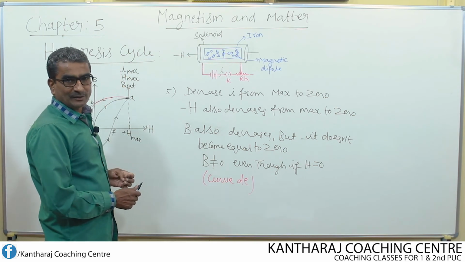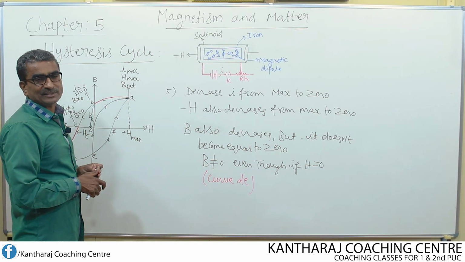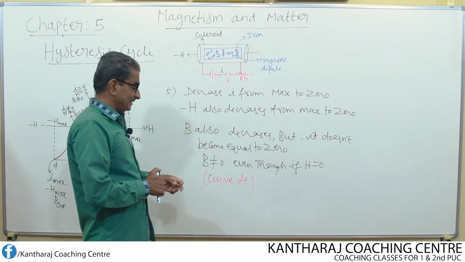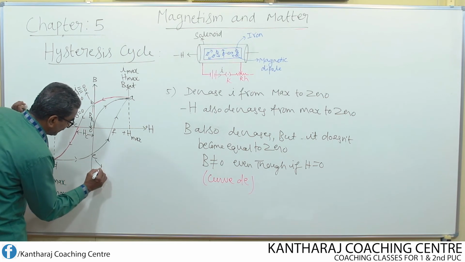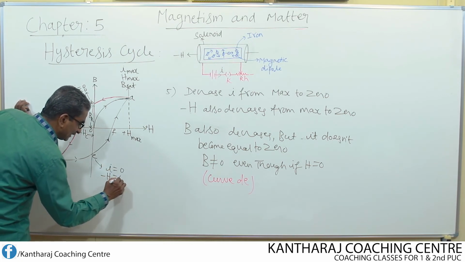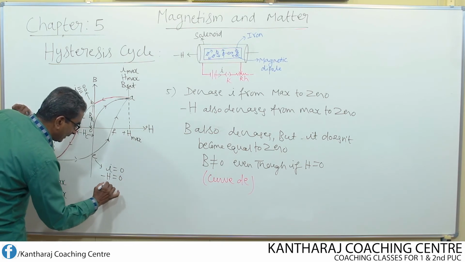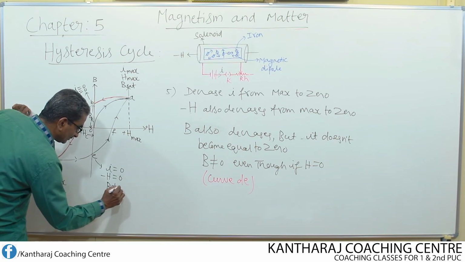Now, next what we do is once again start increasing the current from 0. First we shall write what has happened at this point. I has become equal to 0, minus H also became equal to 0, but B is not equal to 0.